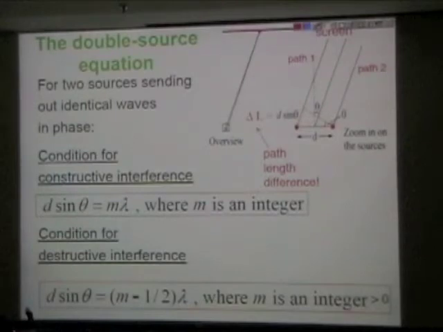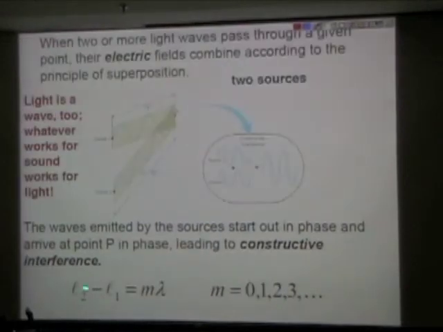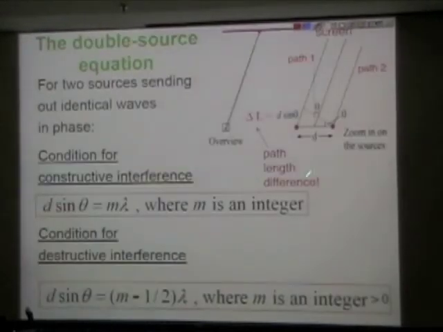So now, if we combine these conditions with this geometrical equation, this is what we get for light for bright spots, this is what we get for light for dark fringes, dark spots.